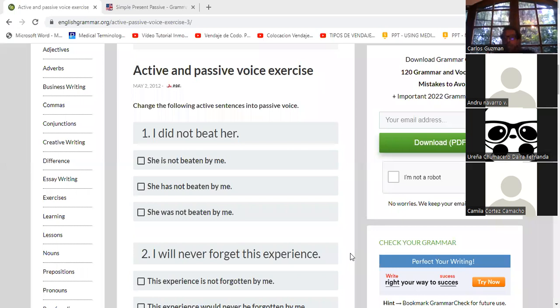Okay, so let's see, Daira, do number 1. So it says active and passive voice exercise. Change the following active sentence into the passive voice. So lo que quiero que hagas is first read the active sentence and then give me the answer in the passive voice.